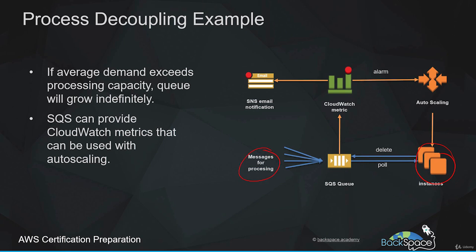Those messages could have information on an image that needs to be processed, or a video that needs to be processed, or a cryptography problem that needs to be solved. And so those messages come in, and as that demand increases, or the number of messages coming in increases, then the auto-scaling group will also add more instances to cope with that increasing demand.